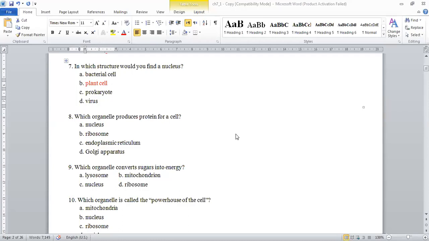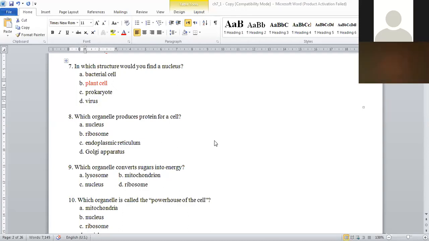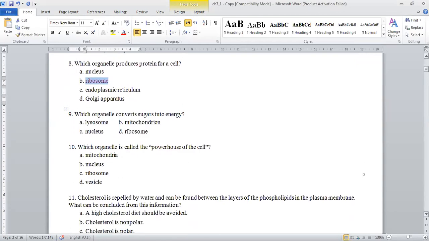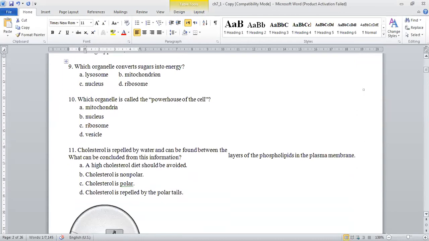B. Ribosome. Excellent. It is ribosome. So number 8 is B, ribosome. Excellent. Now number 9, Bushi.